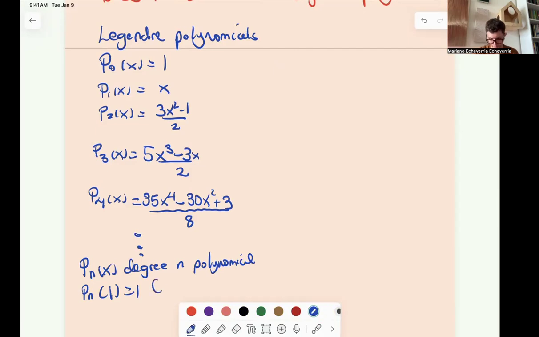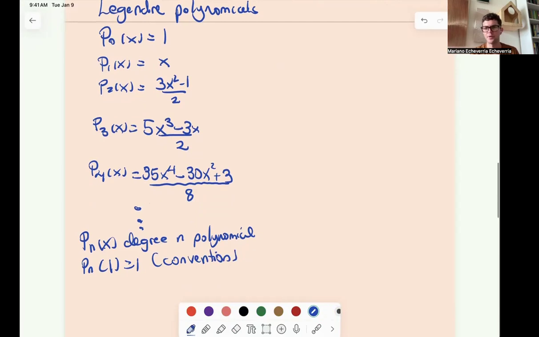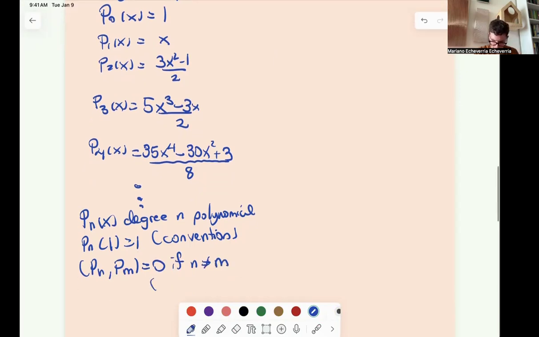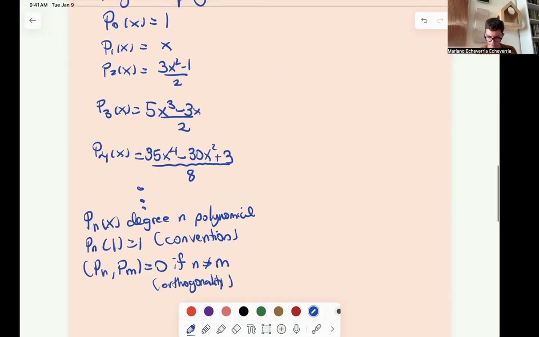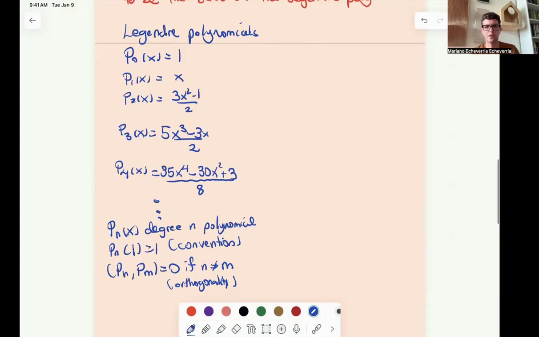The key fact is that Pn and Pm are orthogonal if n is different from m. So it's that orthogonality requirement.